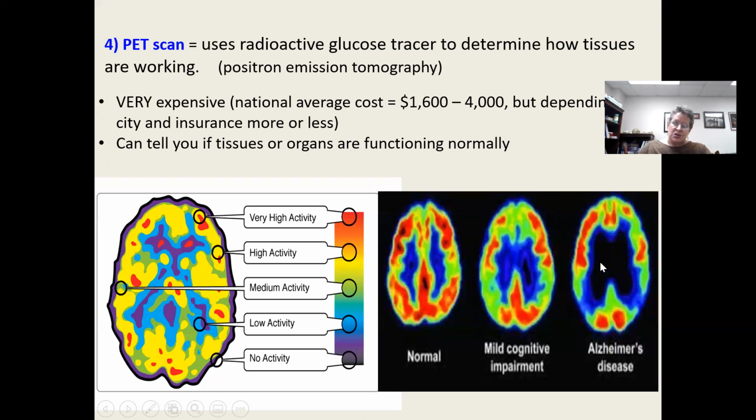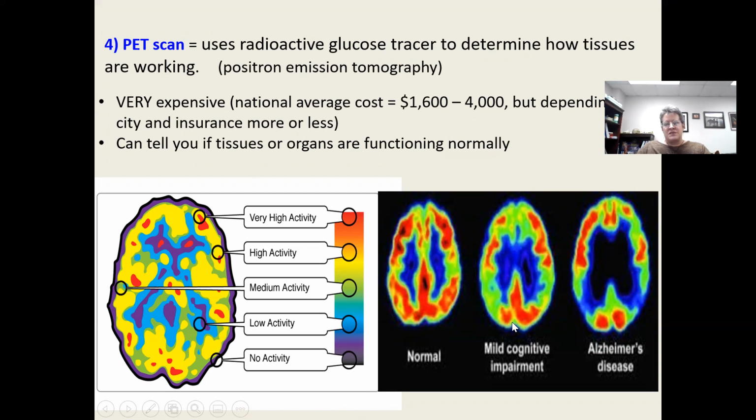It can also show areas of the brain that should be active. If they're dark, it could indicate neuronal tissue death. So what happens is here on the lower right, we have a normal PET scan of a brain, and all the areas that are cortexes of the brain are very brightly lit, and that means they're active and healthy and working.